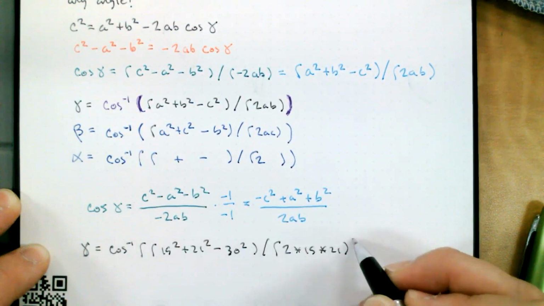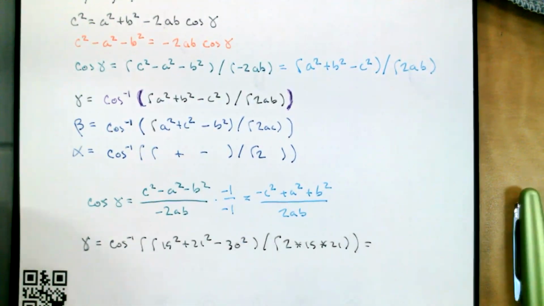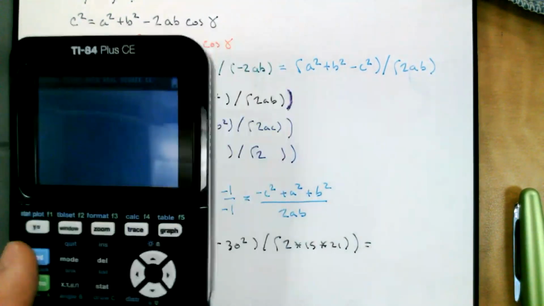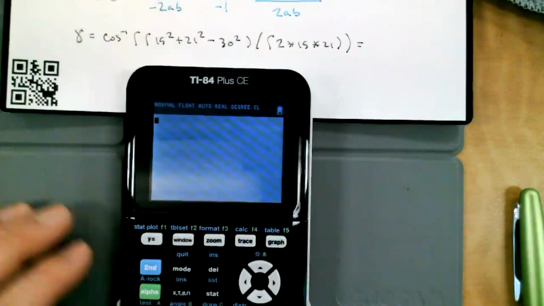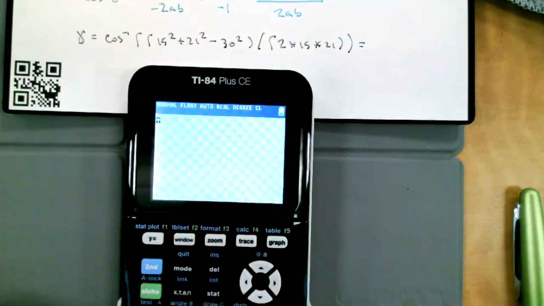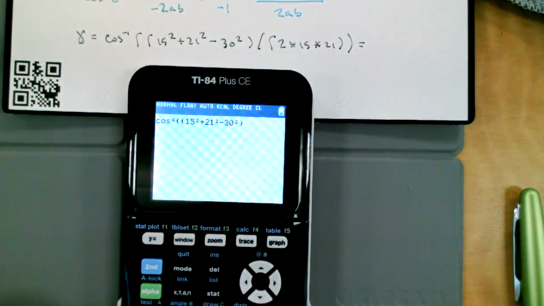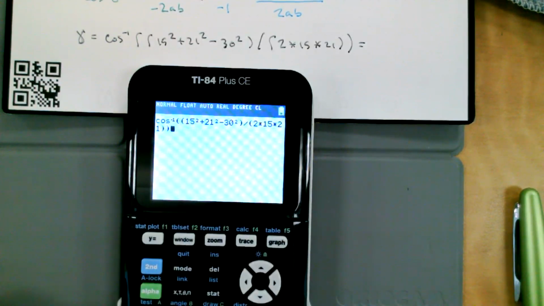Close the denominator, close the cosine inverse, hit enter, 111 degrees.